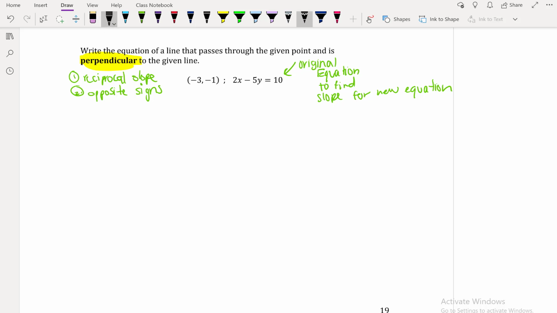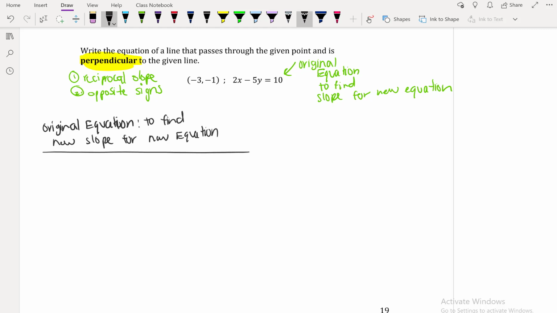So here I'm going to have my original equation. And remember, the reason I'm looking at it is to compare slopes. So I have my 2x minus 5y is equal to a positive 10.